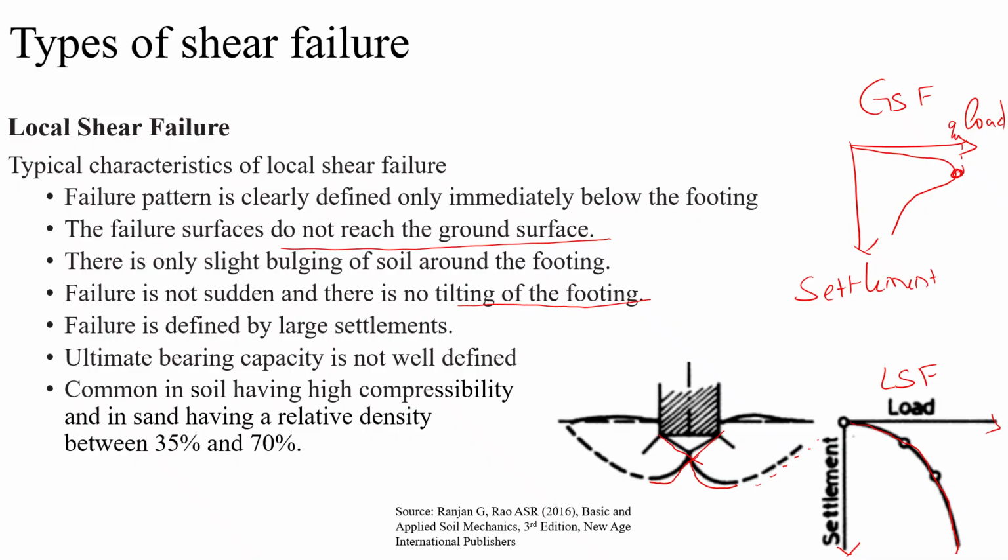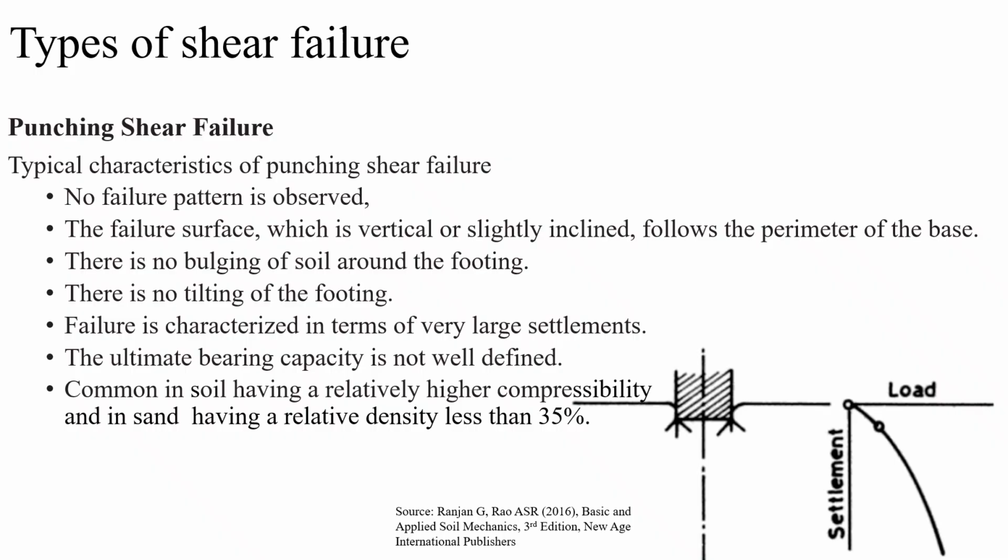But here in local shear failure, you cannot identify the ultimate bearing capacity distinctly like you have done for the general shear failure case. So where you can get this kind of local shear failure: in case you are having a clay of high compressibility, or if you are having a sand with relative density between 35 to 70%, then you may observe local shear failure.